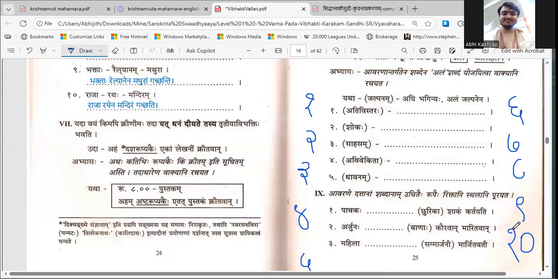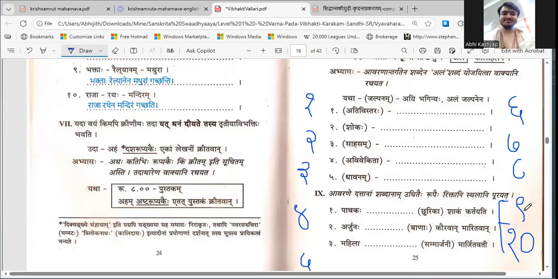Then there are two ways of reading the ninth part. Either we say it is 39 or 1 less than 40. Okay. So I can say this is Nava Trimshat, or 40 is Chatvarimshat, so 1 less than Chatvarimshat.